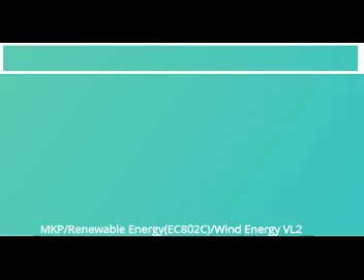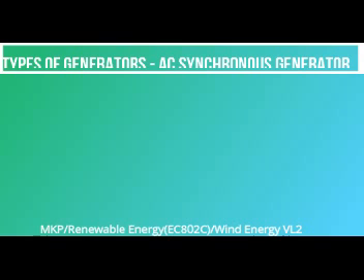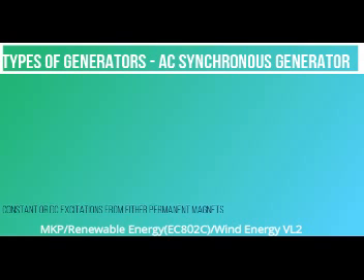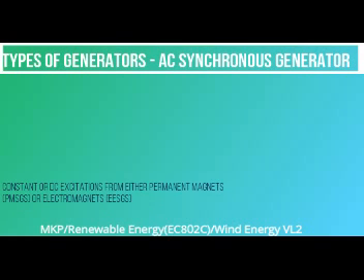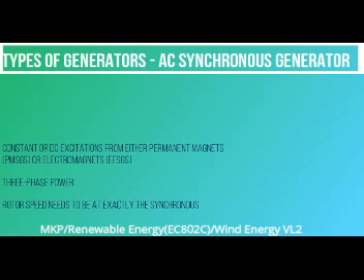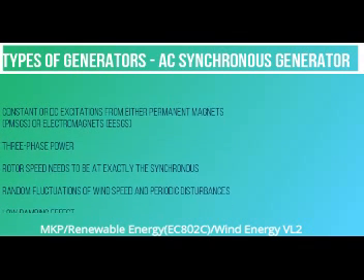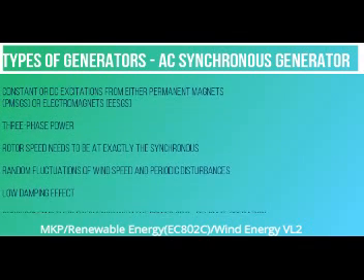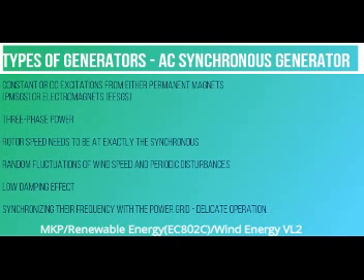Next, let us discuss the AC synchronous generator. An AC synchronous wind turbine generator can take constant or DC excitation from either permanent magnets or electromagnets. This is why they are called permanent magnet synchronous generators or PMSGs and electrically excited synchronous generators or EESGs.